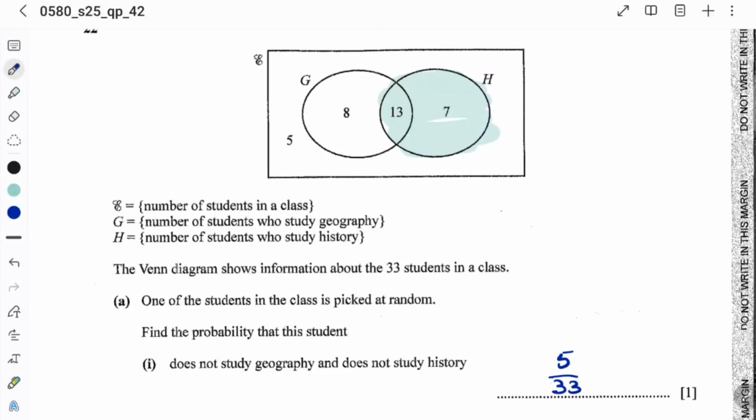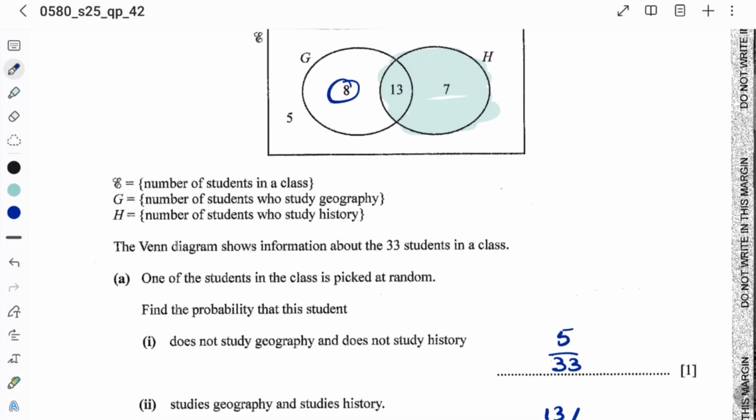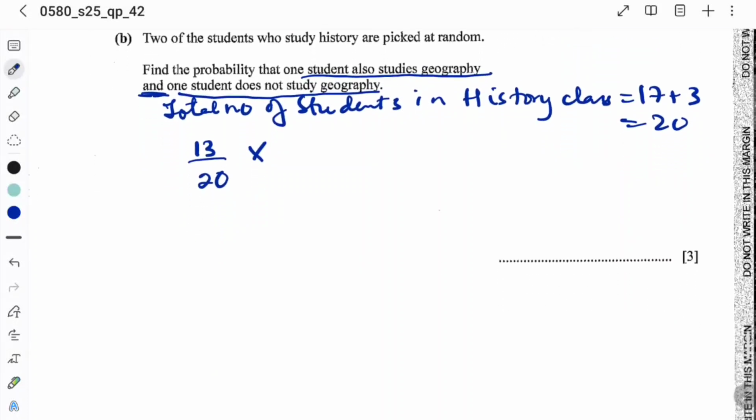In history there are 7. But one student is already out, so that will be 7 over 19. Those 13 students we took are studying geography, and one student who does not study geography is 7 over 19, which equals 91 over 380.